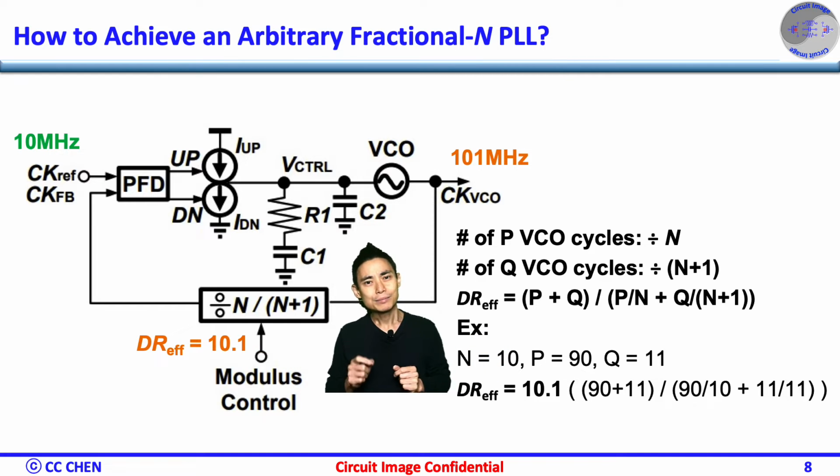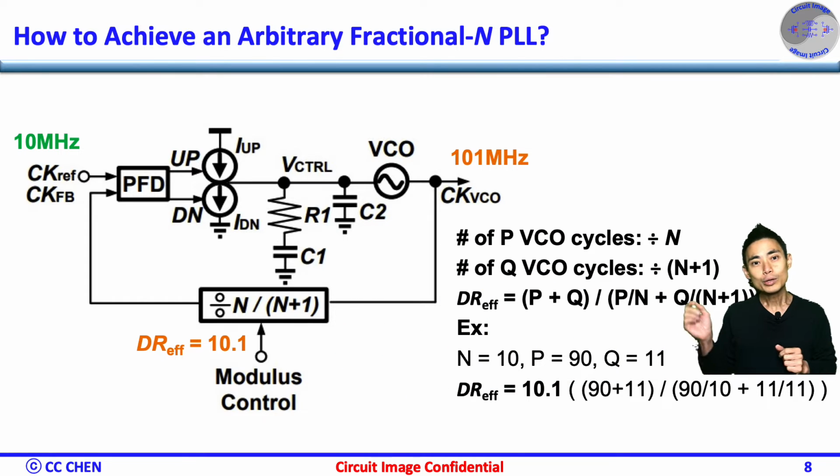But how to implement an arbitrary Fractional-N divider? This doesn't seem doable, but having two integer divide ratios, N and N plus 1, and switching between them seems possible.